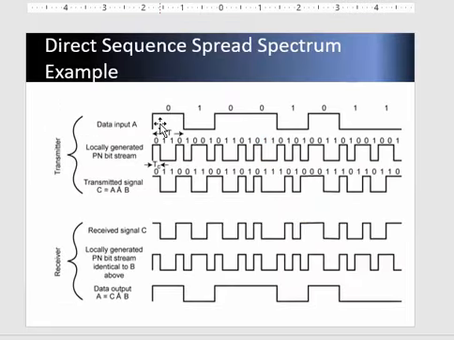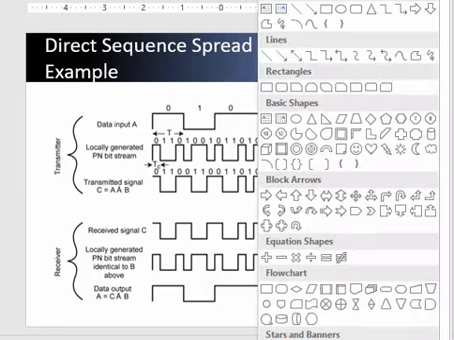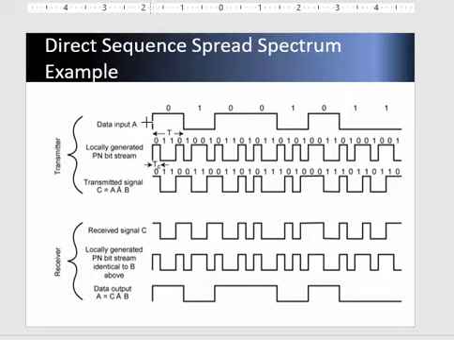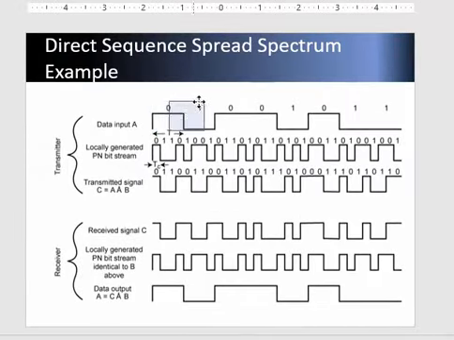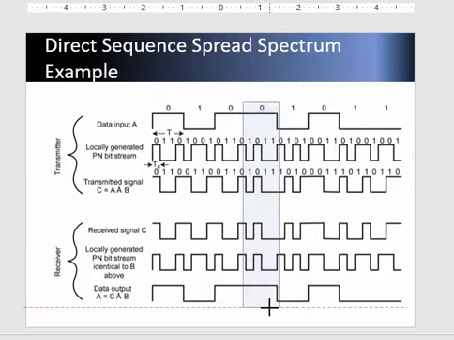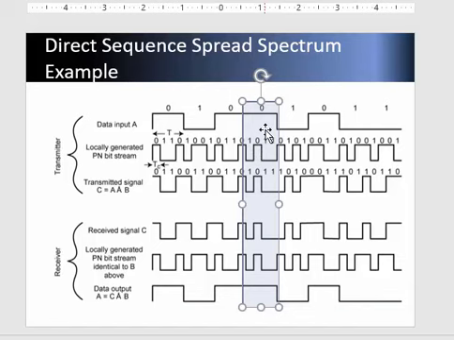If we have this kind of data, 0, 1, 0, 0, then for example, if I expand that, this is the pseudo number bit stream.